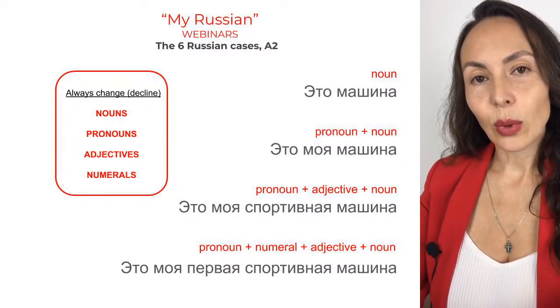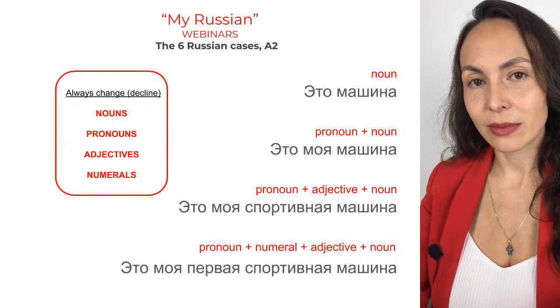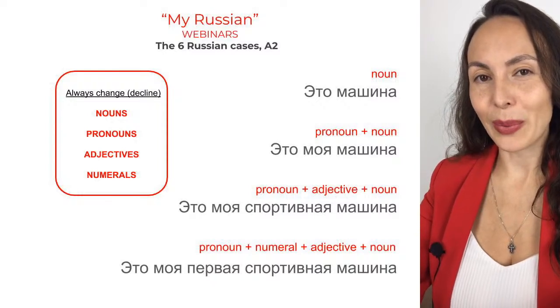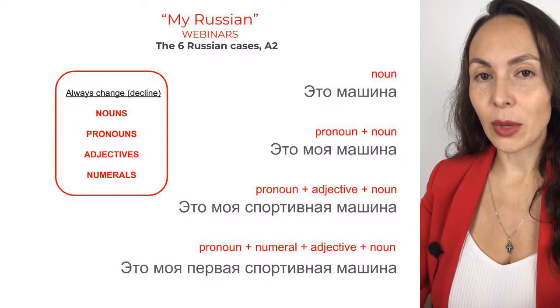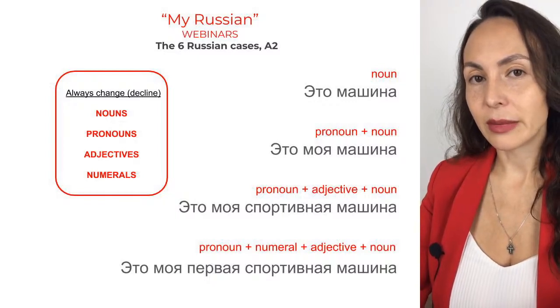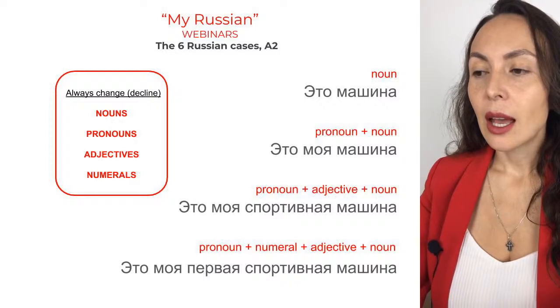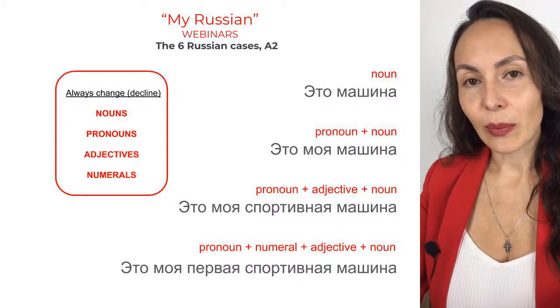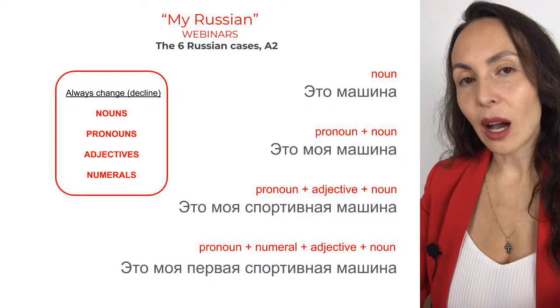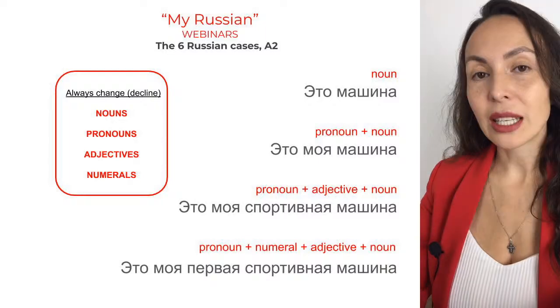What we have? We have the basement, which goes on the top, by the way. Это машина. And this is a nominative sentence. Then we can say это моя машина. And this моя will, of course, go in nominative form as well.